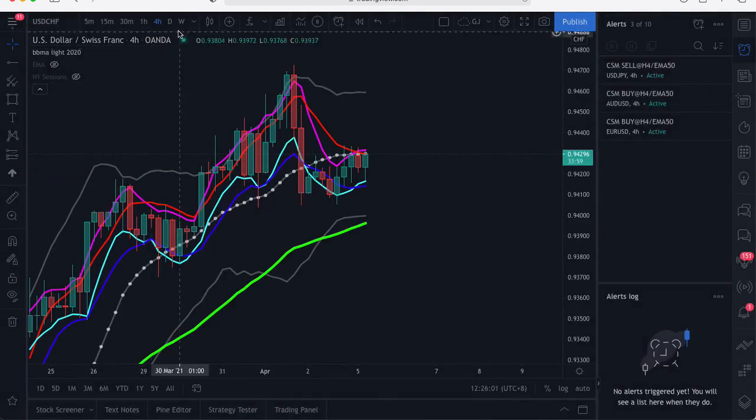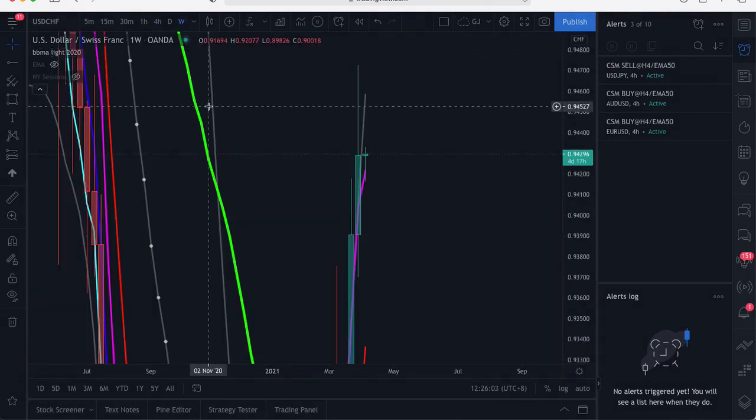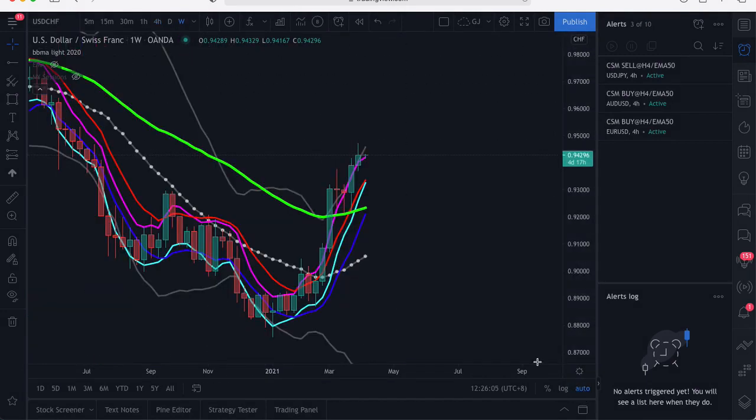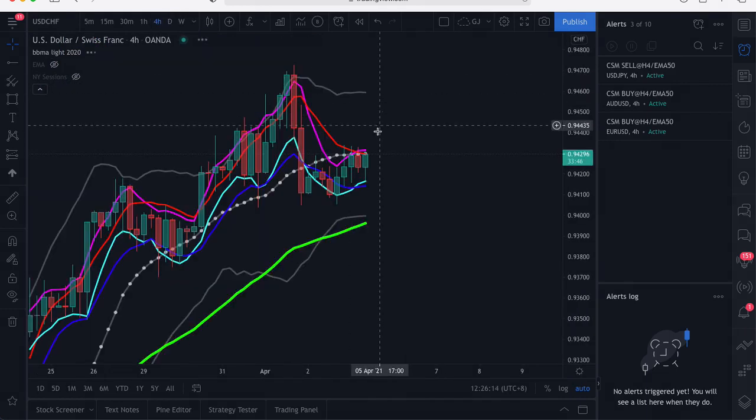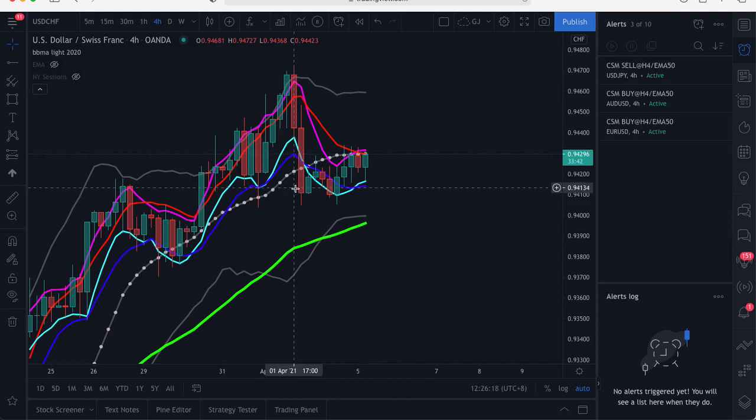And then USDCHF. For USDCHF, we start with weekly time frame again. It's a re-entry sell setup. Okay, daily time frame is MHV sell, and on H4 this is CSAK sell, re-entry sell. However, as you can see here, EMA50 is below, so this is a high risk setup.